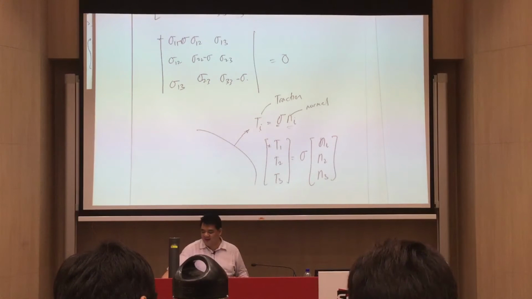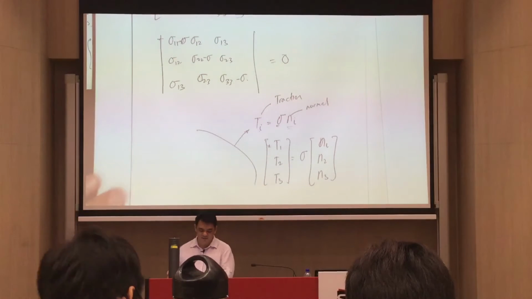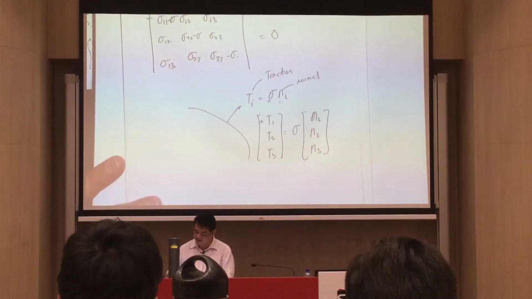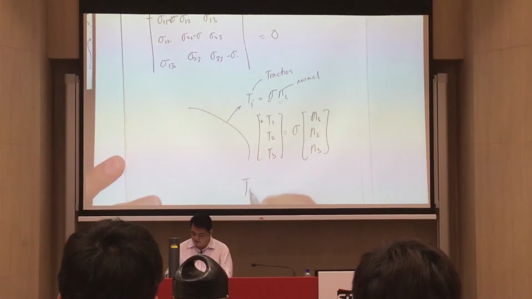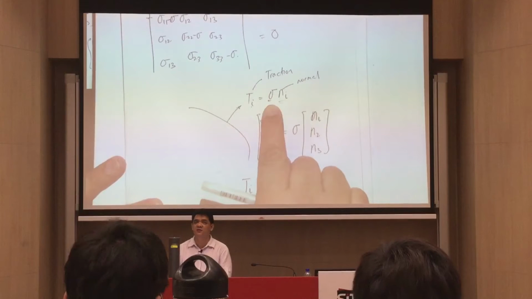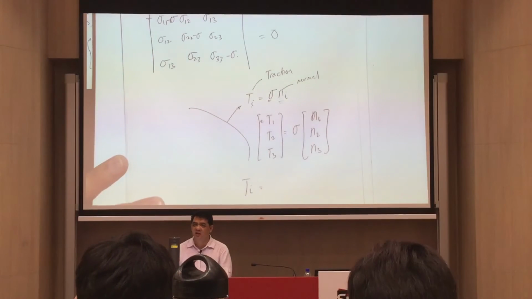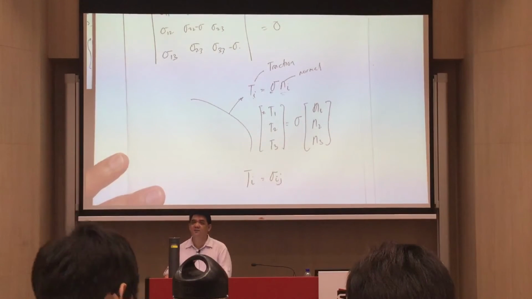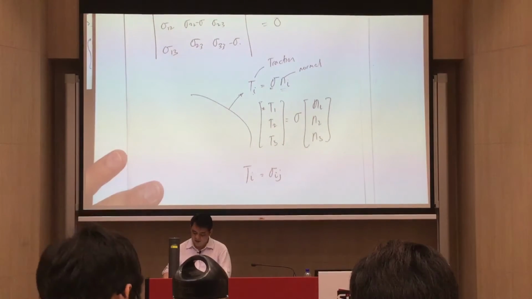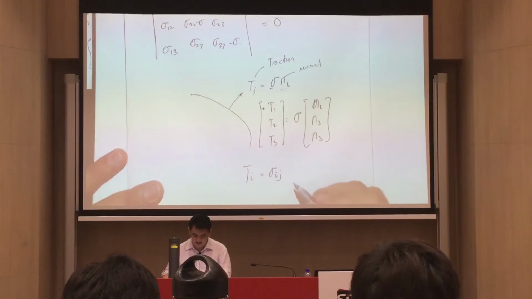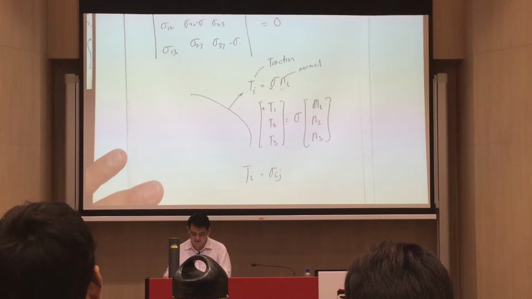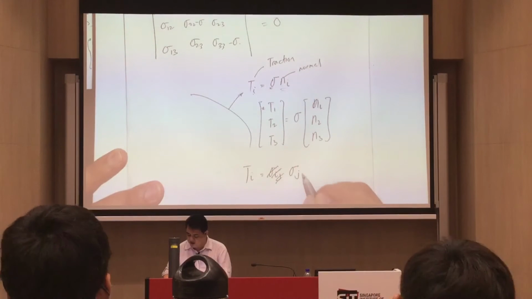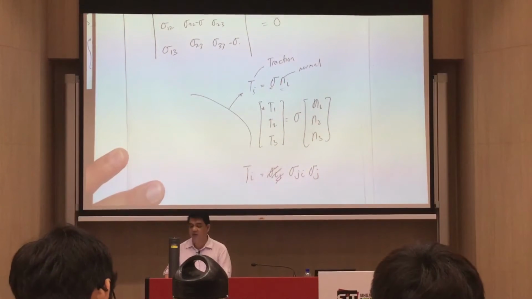Another way of writing this traction, instead of using the principal stresses, is to use the state of stress, sigma ji, and nj.